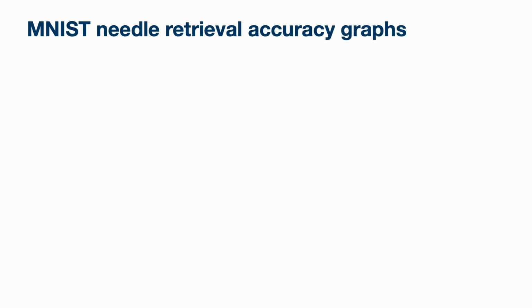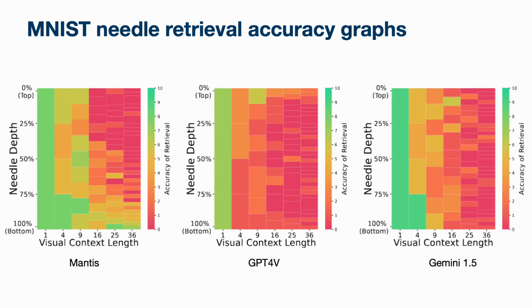From this extension of the needle in a haystack test, we're able to create extended forms of the needle in a haystack retrieval accuracy graph, where instead of just having a binary test of retrieved or not retrieved at each position, we can have an accuracy rate over all the different digits from 0 to 9, which are hidden in each position.